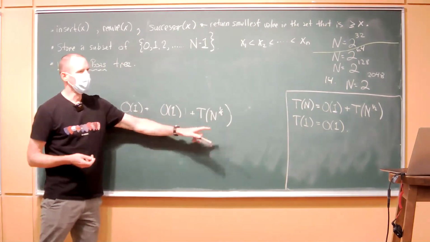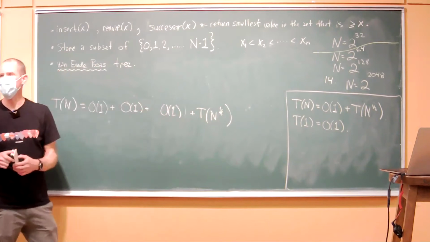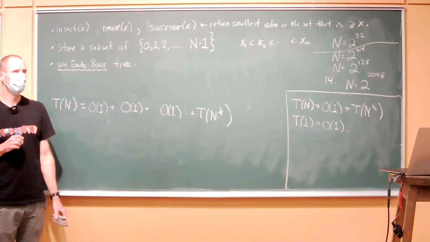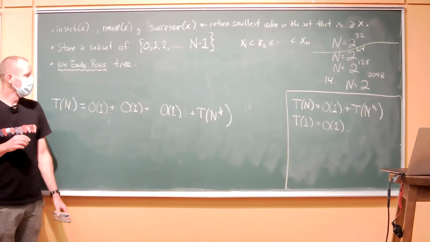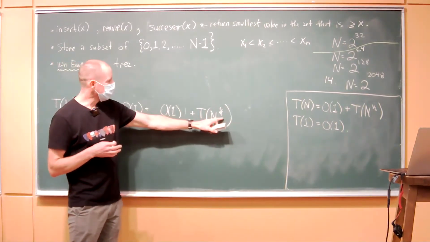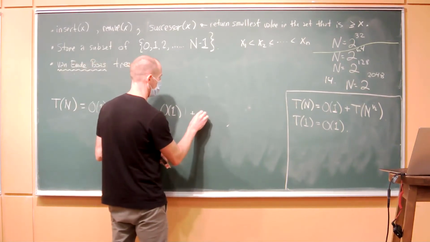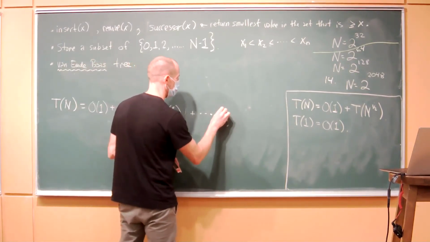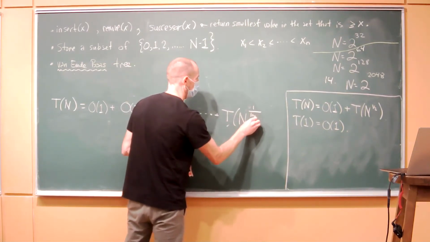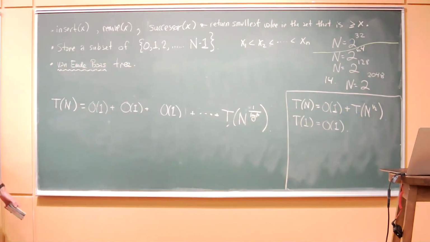How long will this go on for? What exponent do I need here before this thing is of constant size? Yeah, so this will stop when I get down to something which has size T of n to the 1 over log n. Why is that?